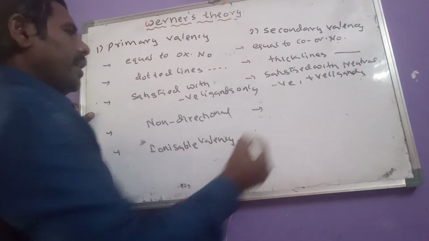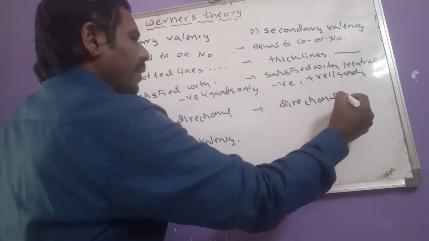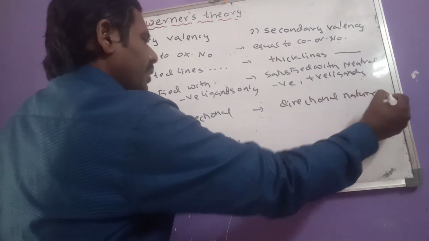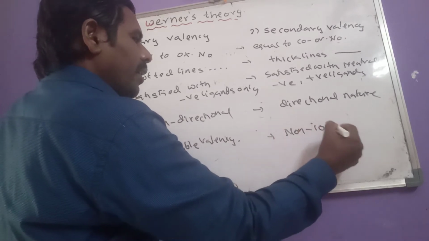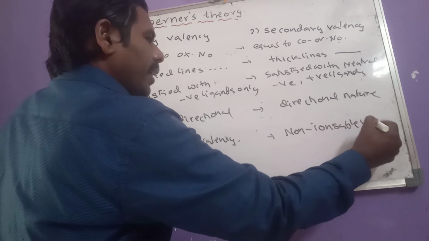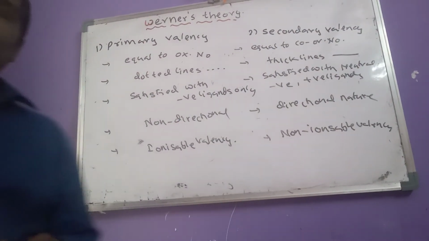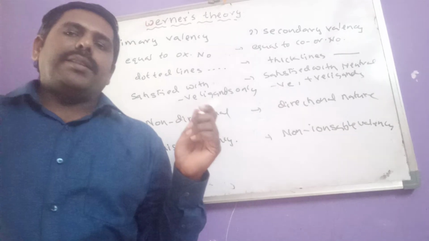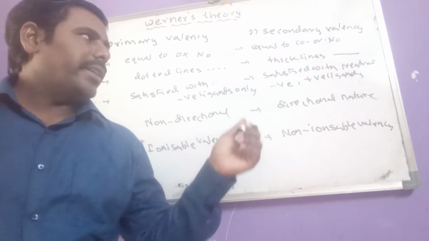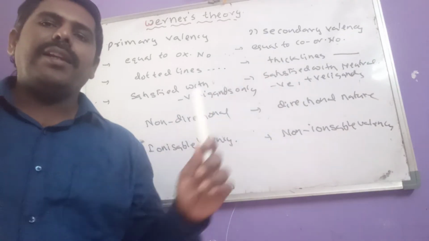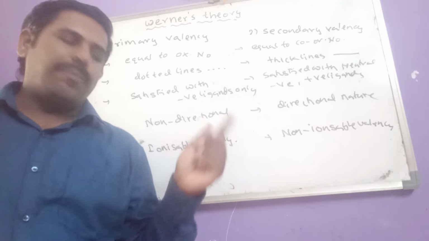It is directional valency, having directional nature, and it is said to be non-ionizable valency. That means the ligands which are bonded with secondary valency, that means with a thick line, do not ionize from the complex compound.